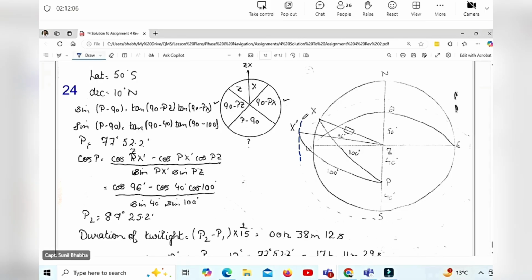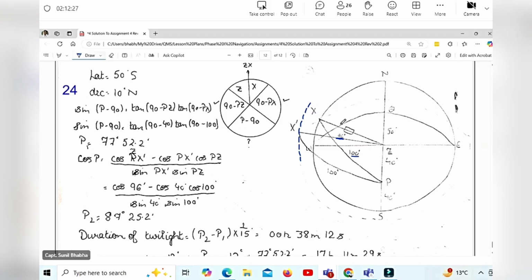Question number 24. Okay, beta. Basically the doubt is how the 96 came. The 96 is coming from twilight, 6 degrees added and then an additional 6 degrees added. Okay, so where is the doubt, beta? In the 100? Yes, sir.